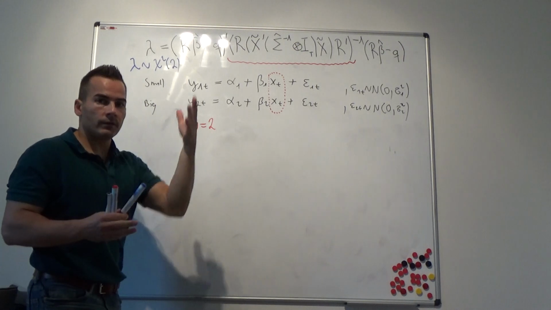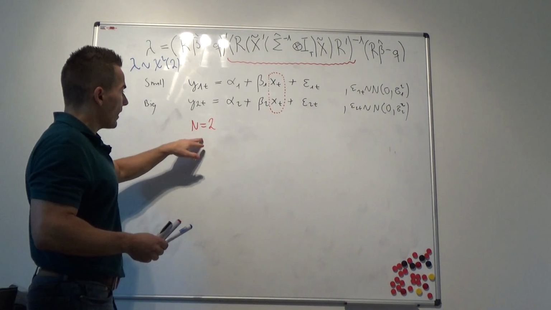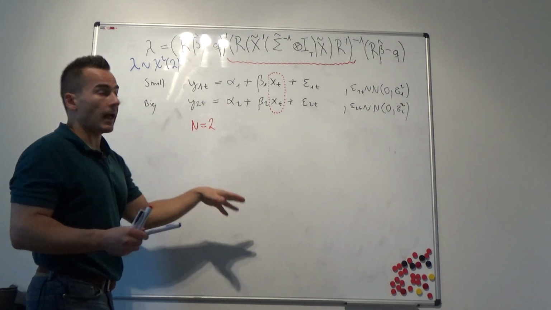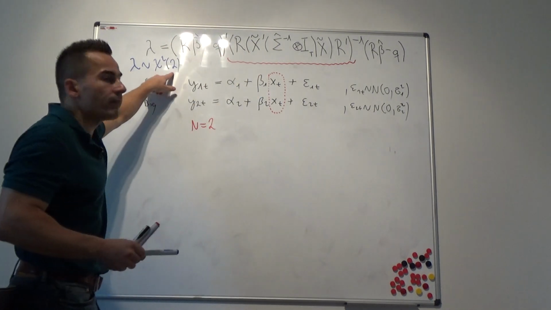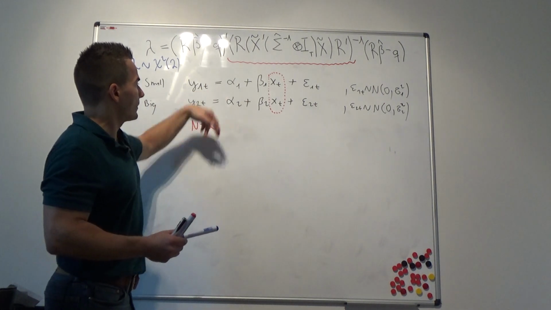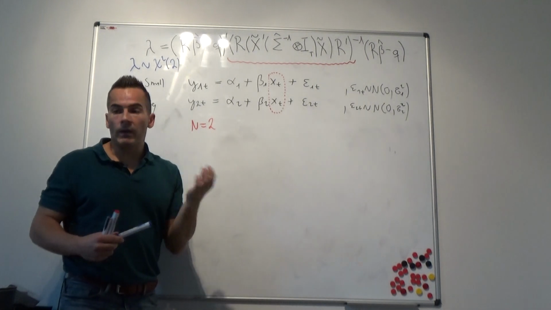So all this belongs together. If we have 25 test assets, we have 25 parameters that we test jointly, and then this would be distributed as chi-square with 25 degrees of freedom. So all this depends on the number of parameters that we test, which in turn depends on the number of equations that we have.